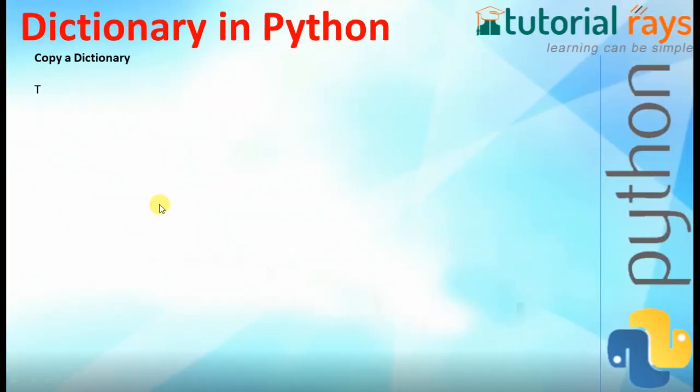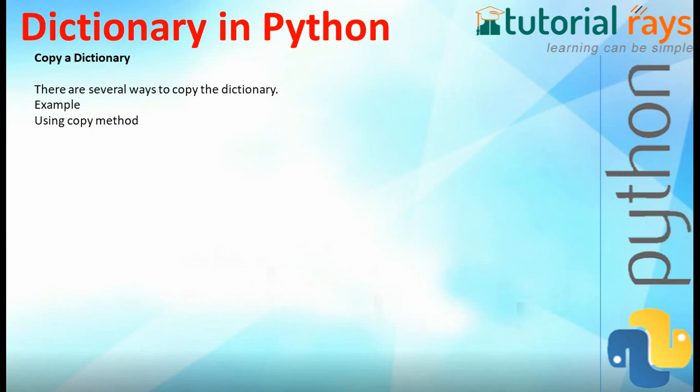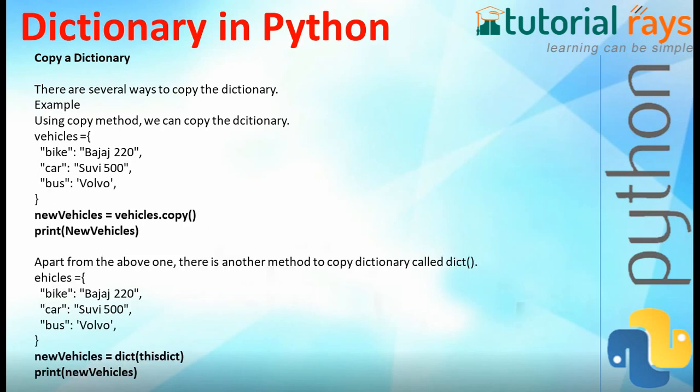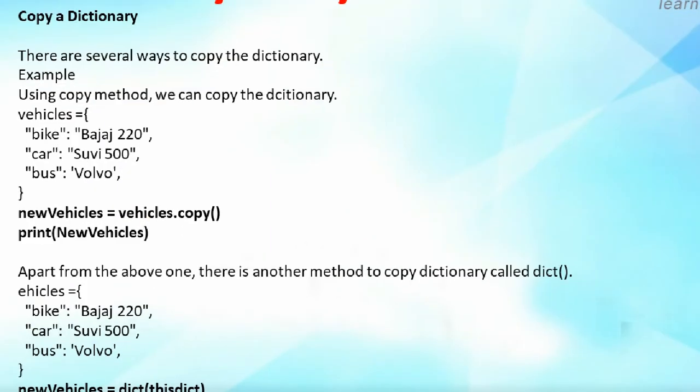Copy a dictionary. There are several ways to copy a dictionary. Using the copy method, we can copy the dictionary. To copy it, what I'm doing here is simply creating a new variable and then writing here vehicles.copy. So now in this one, the complete dictionary will be displayed.